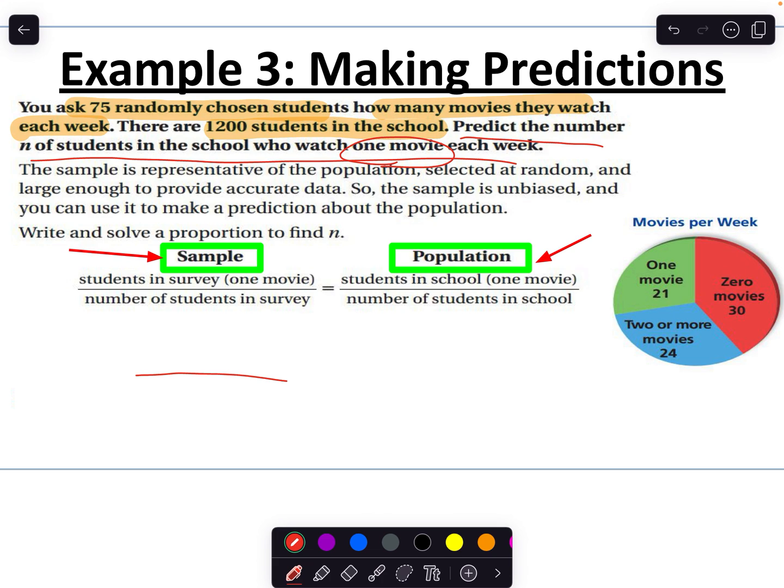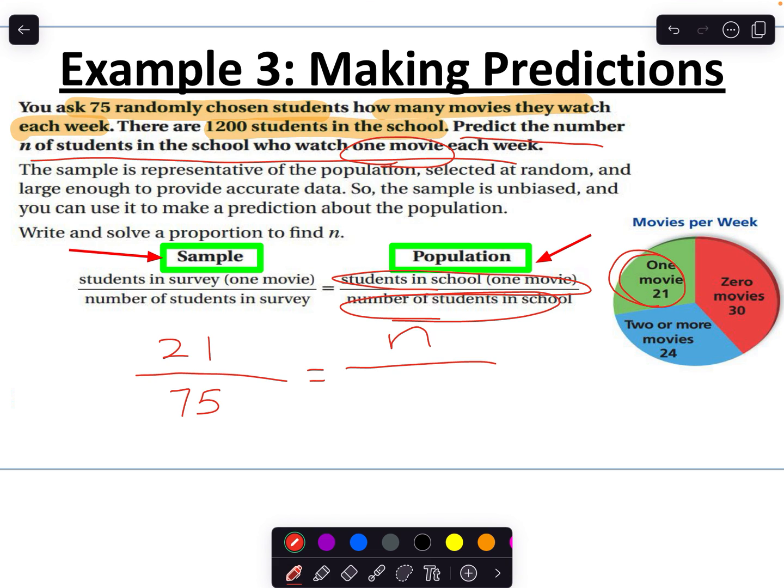So let's say people who watch one movie a week, looks like that's 21 people. So we say 21 over the 75 people that were surveyed. We want to figure out how many students in the school watch one movie out of the number of students in the school, which was 1,200, right?